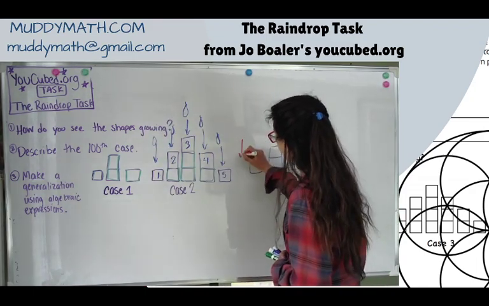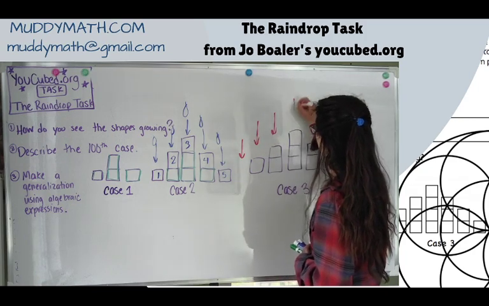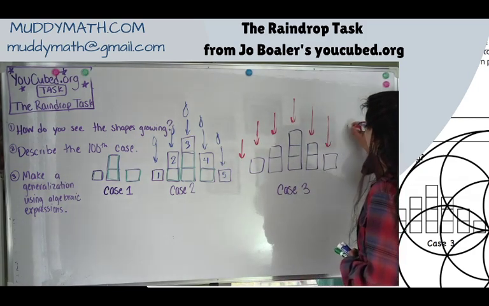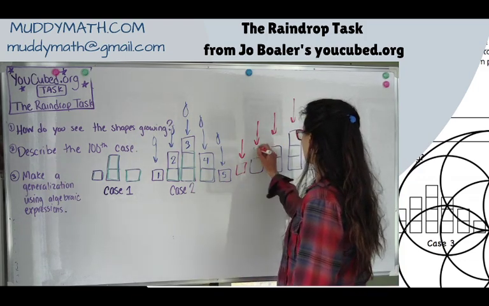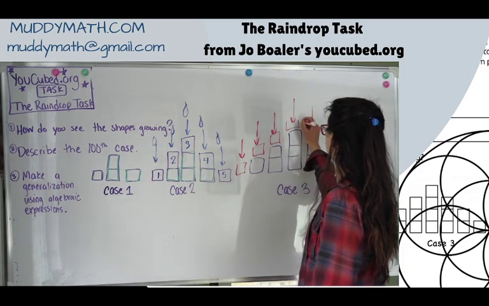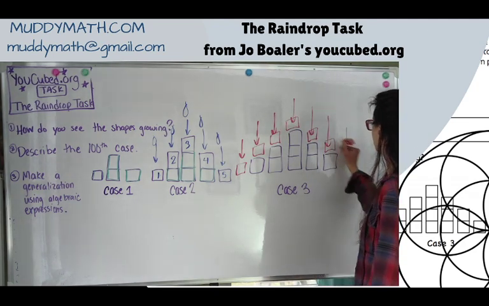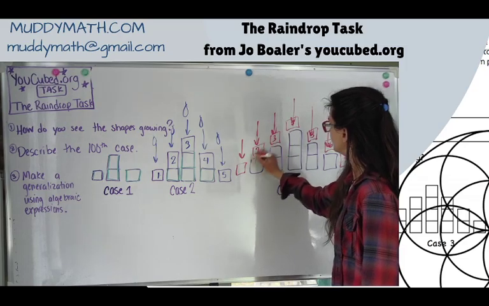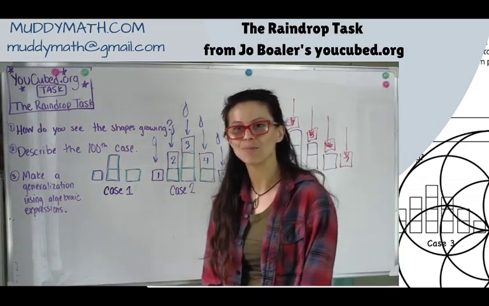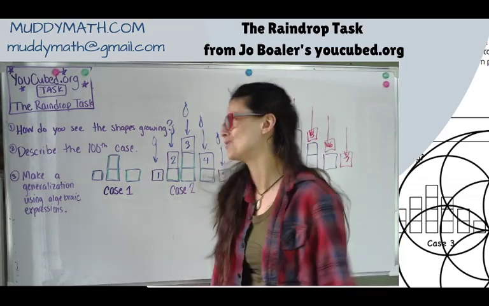So we're going to add 1, 2, 3, 4, 5, 6, 7. So this time we added 5. On case 3, we're adding 7. Okay, so how is the shape growing, and how can we use math to think about it?